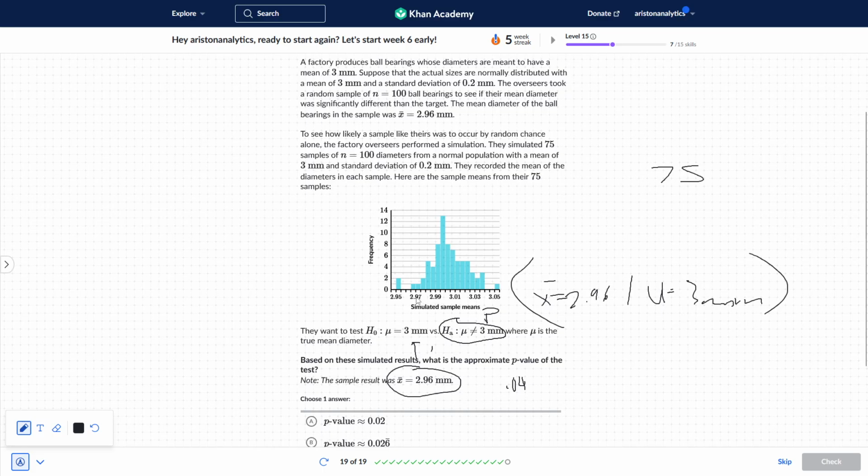So if we look at 3, where is 3? 8, 9. 3 is over here. So 2.96.